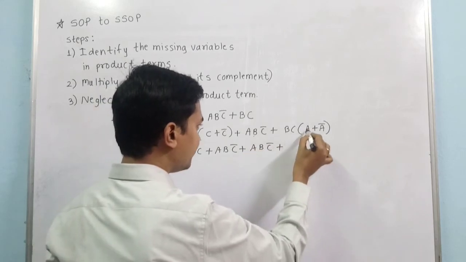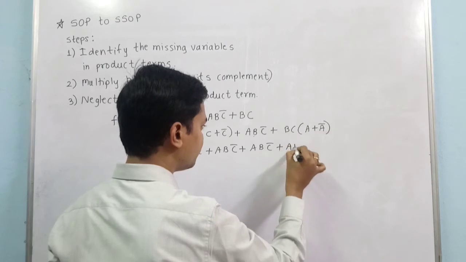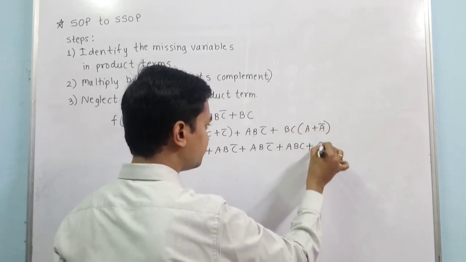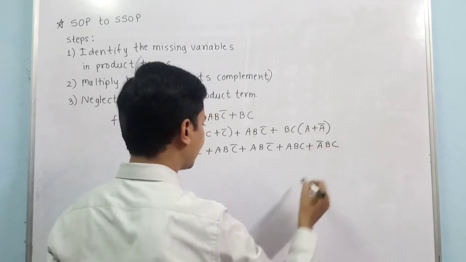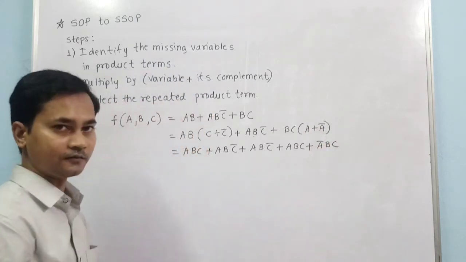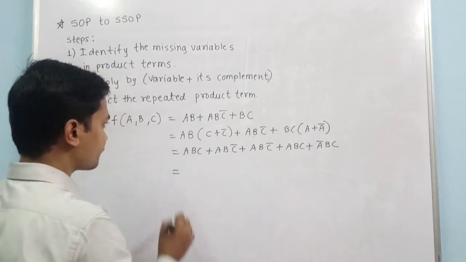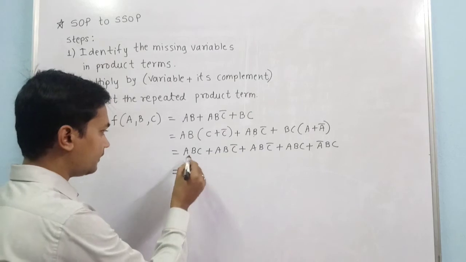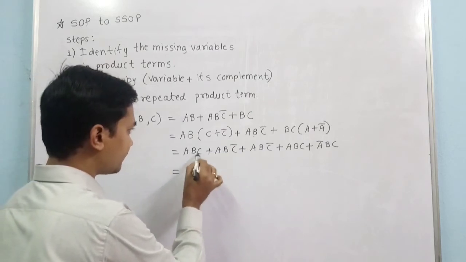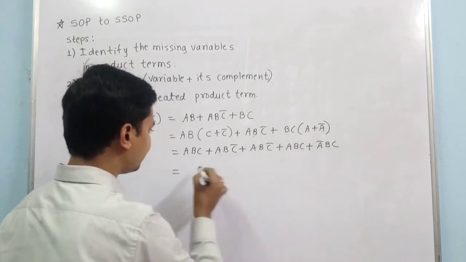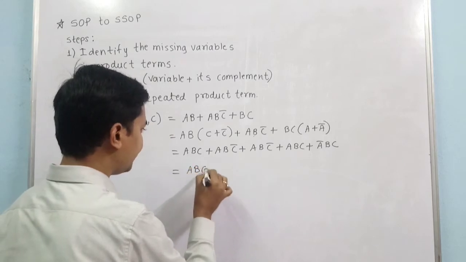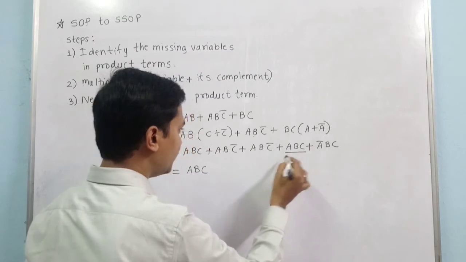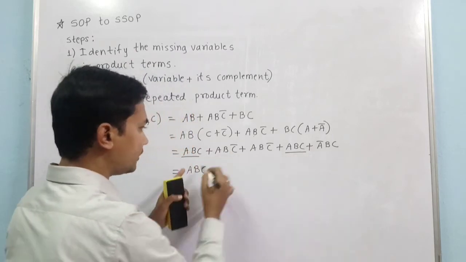So this is our expression. Now we have to neglect the repeated product terms. See whether the first term is repeated in the whole expression. abc is here, it is repeated, so instead of these two terms we will take it only once.